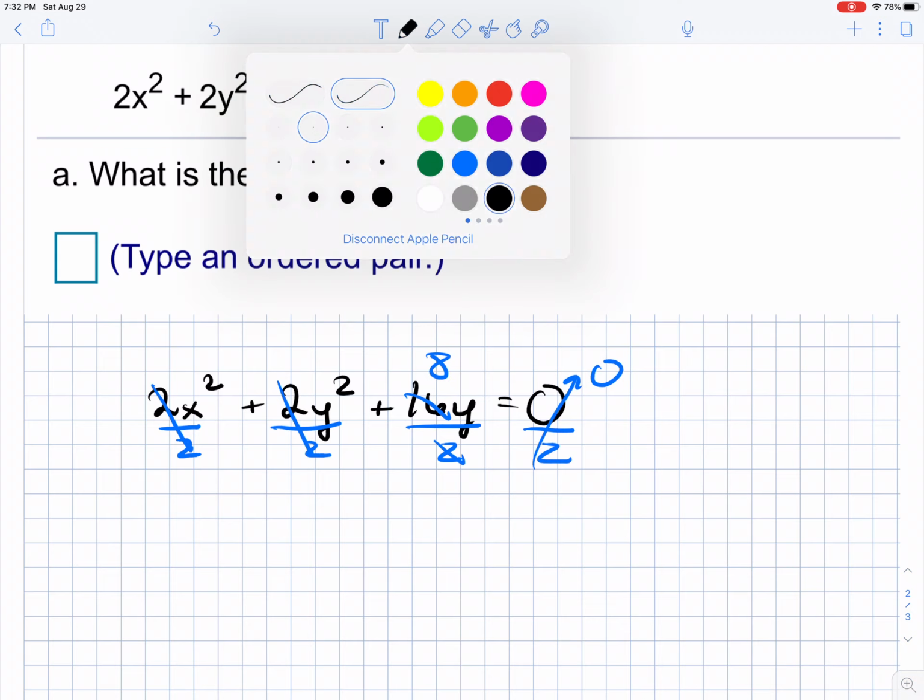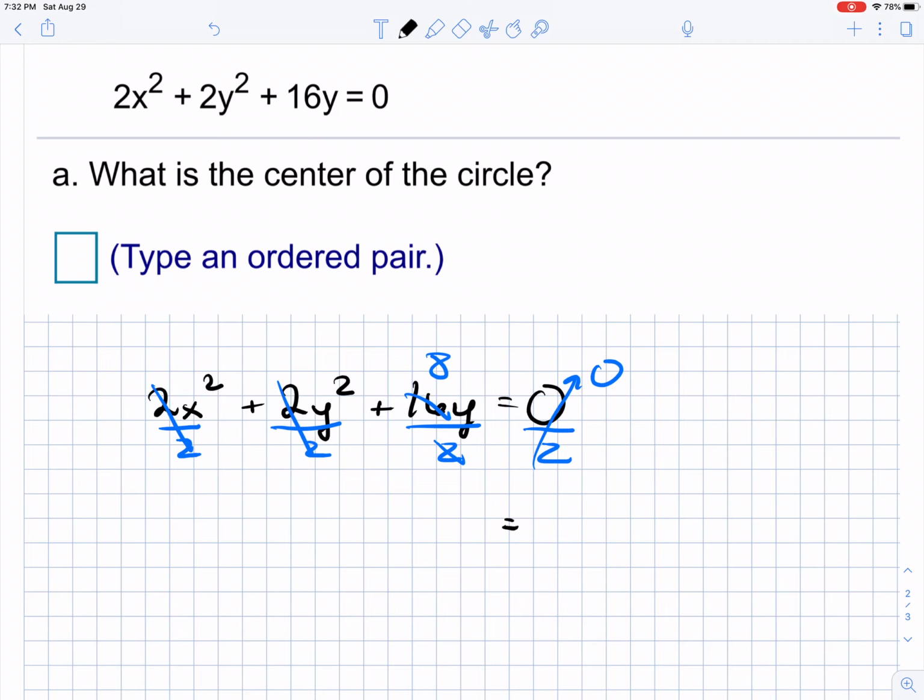Let's account for those changes. Then we have x squared plus y squared plus 8y equals 0.